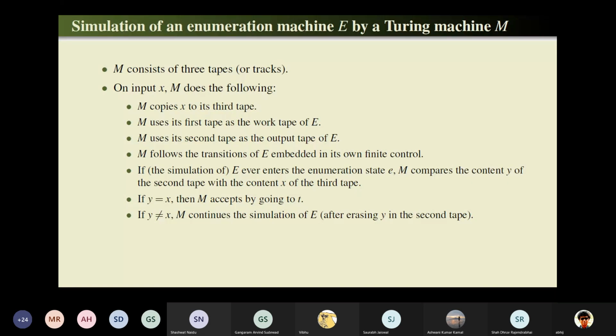So there is no special mechanism needed for erasing things by blanks. The Turing machine does it, and it continues this simulation of E.